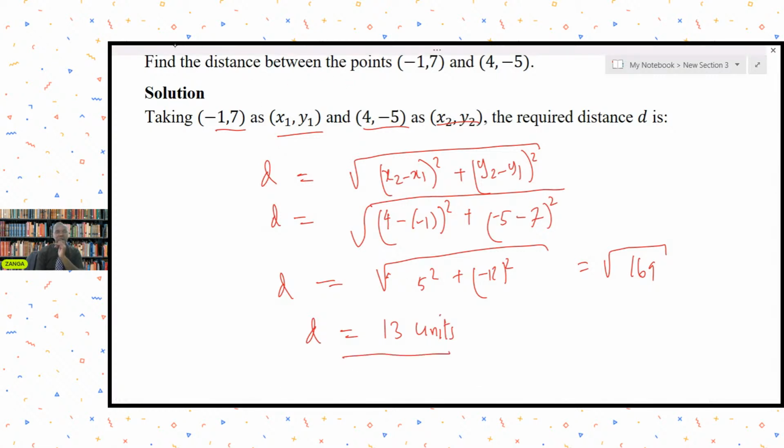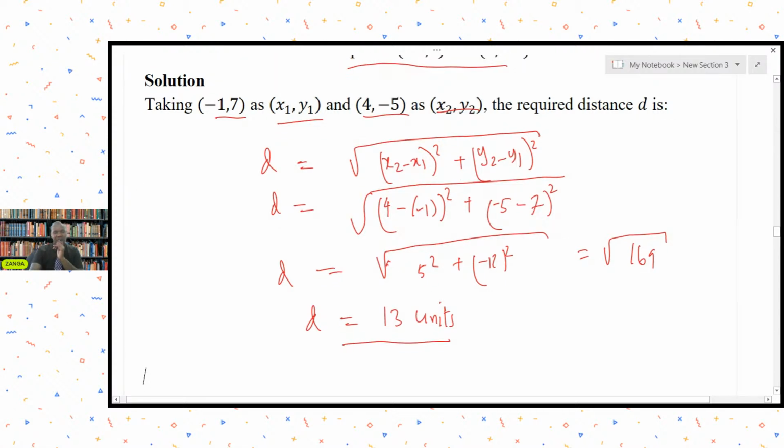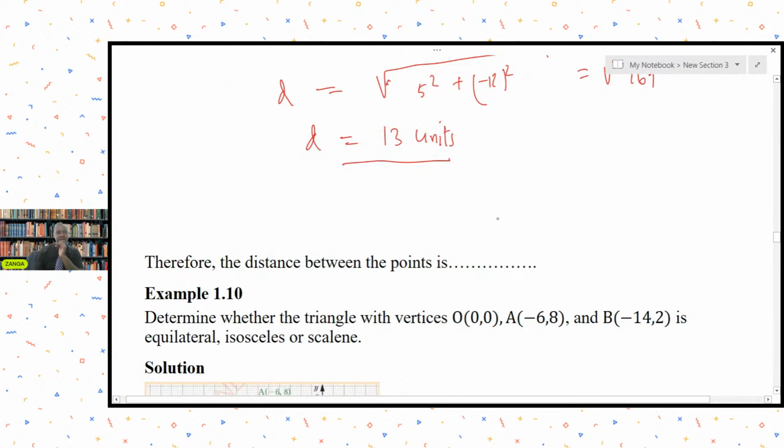So we were supposed to find the distance between 2 points, and the distance between the 2 points is going to be 13 units. Therefore, the distance between the points is 13 units.